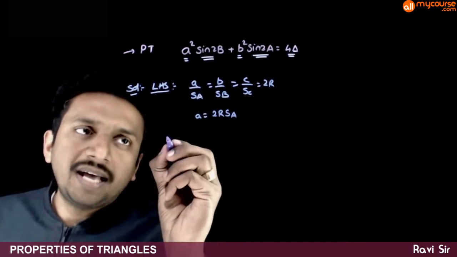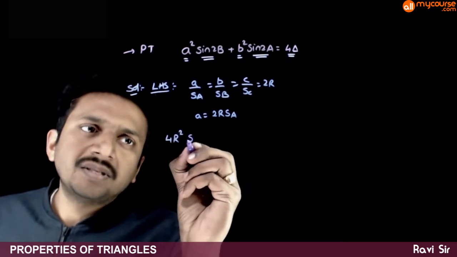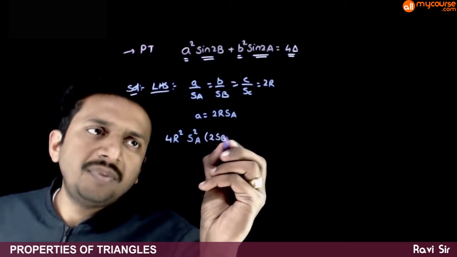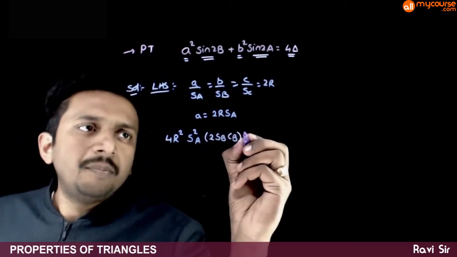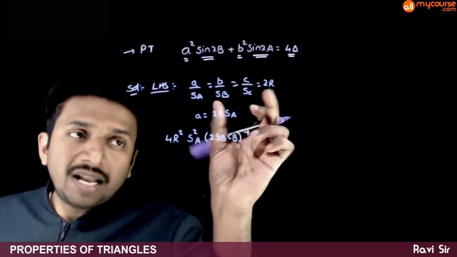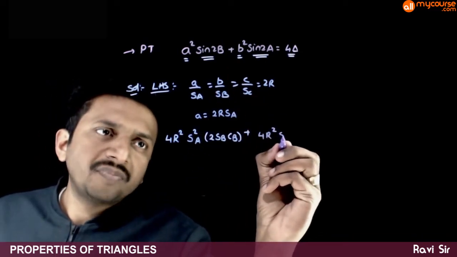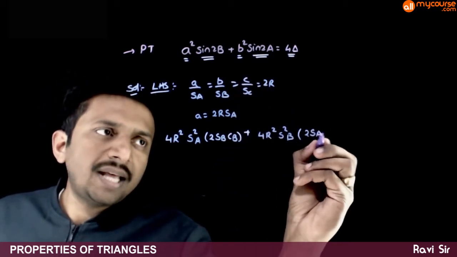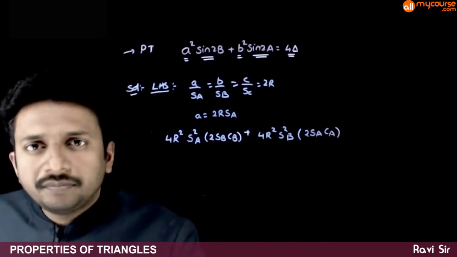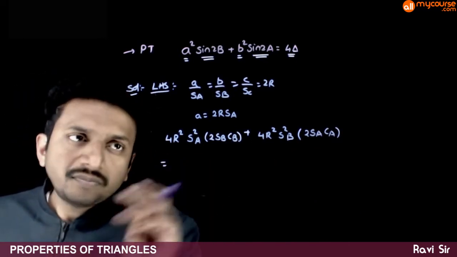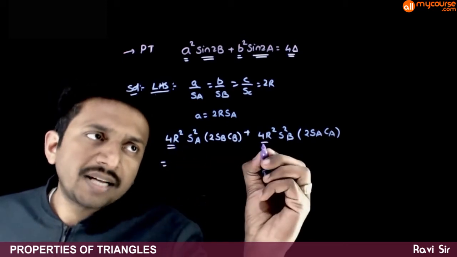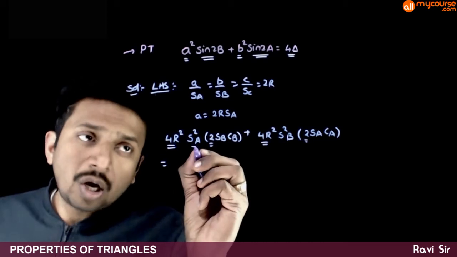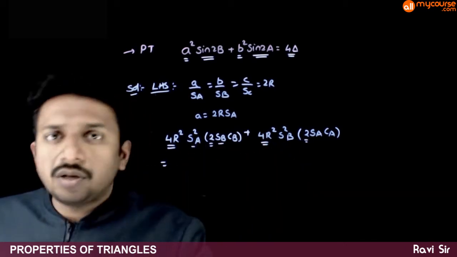So A square can be written as 4R square times sine square A, times sine 2B, which can be written as 2 sine B cos B. Plus, similarly, B square can be written as 4R square sine square B times sine 2A, which can be written as 2 sine A cos A. That is equal to, if you have 4R square as common, 2 is common, one sine A is common, and one sine B is also common.